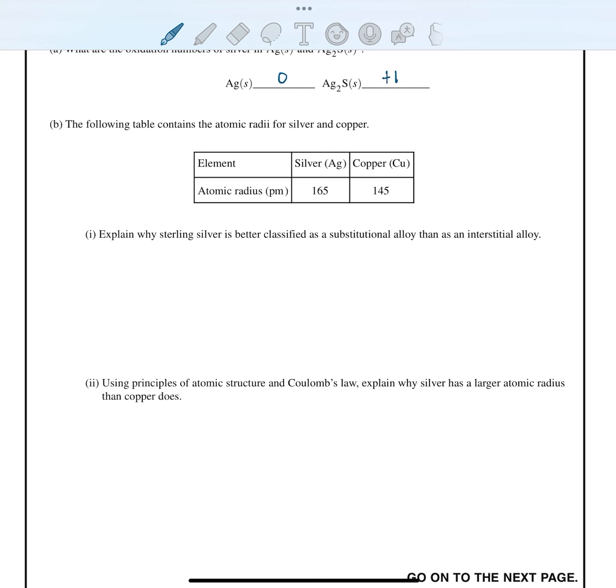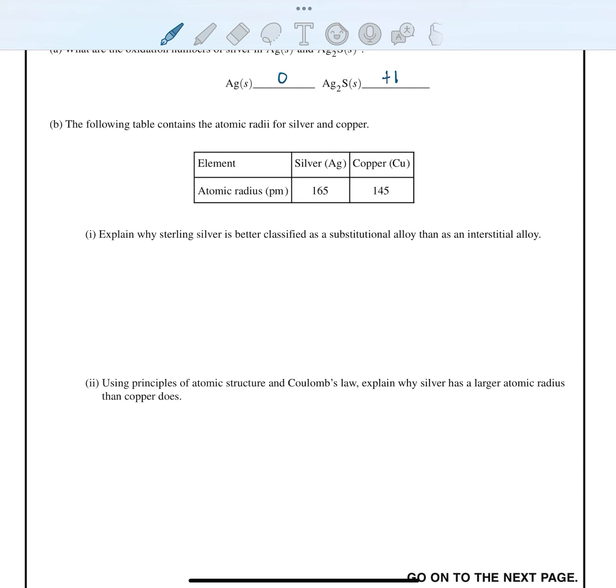The definition of a substitutional alloy is one in which the metal atoms that substitute one another are of a similar atomic size. A good example of this is sterling silver, but if you do some research online, something like bronze, which is a combination of copper and tin, is also a substitutional alloy because your two metal elements are similar sizes.